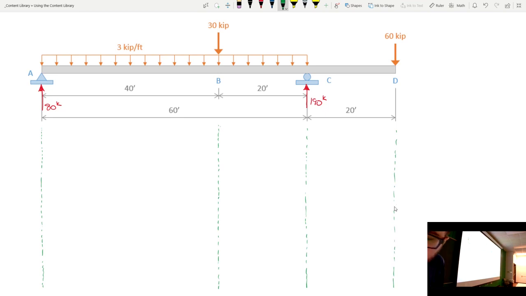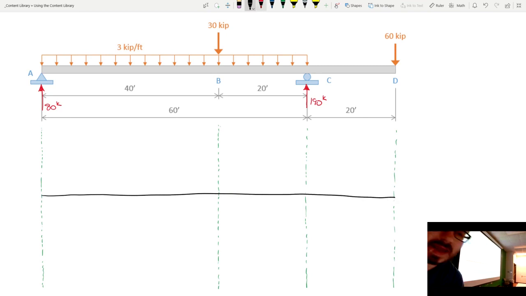Hopefully those are pretty visible. And we're going to strike a line right here. And we're going to say that this is the shear diagram. I'm going to put some little tick marks there just to make sure that everybody can see that's the 0 line.